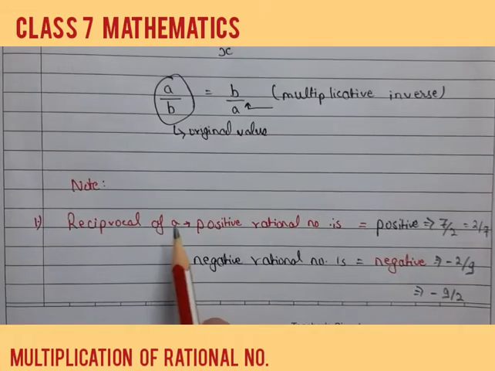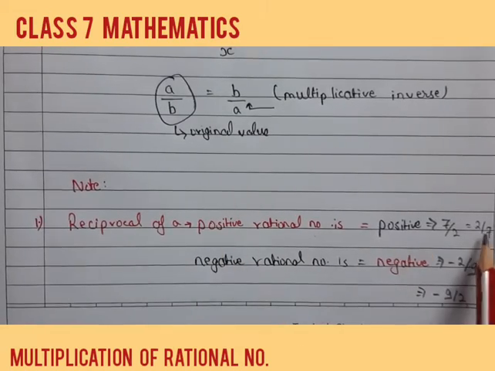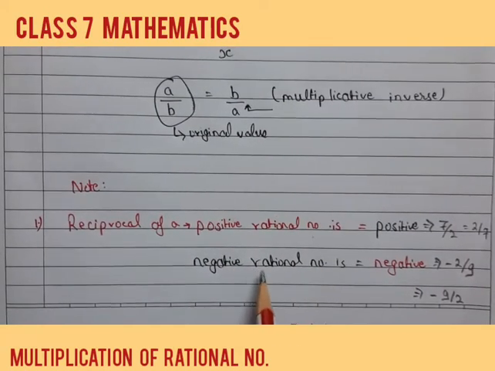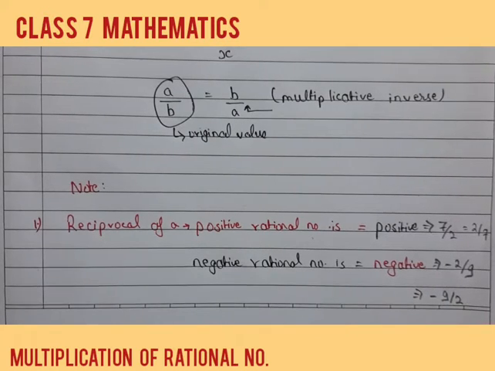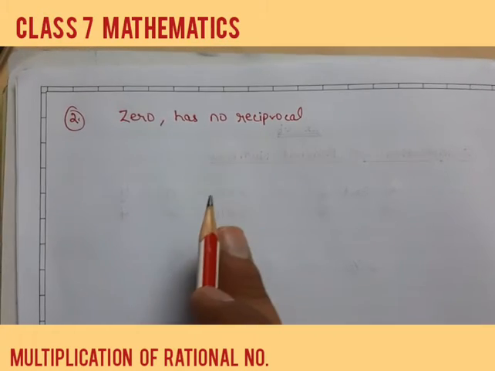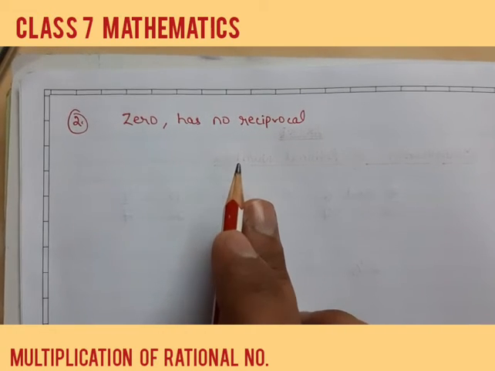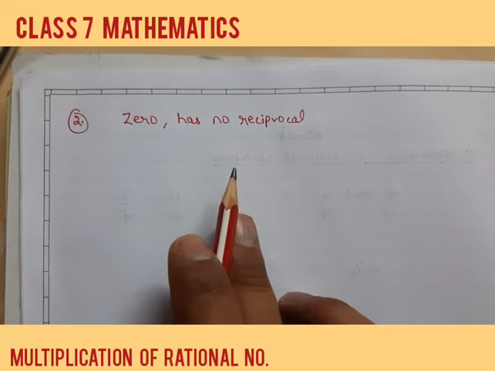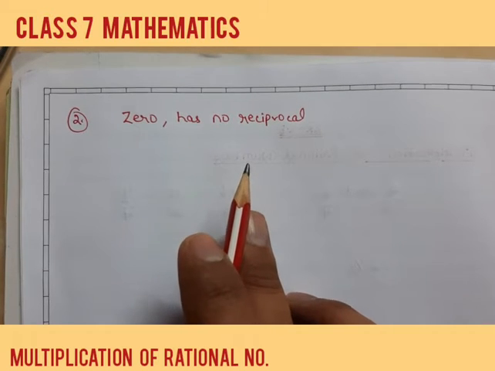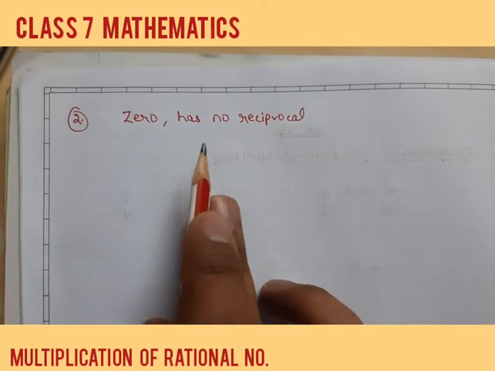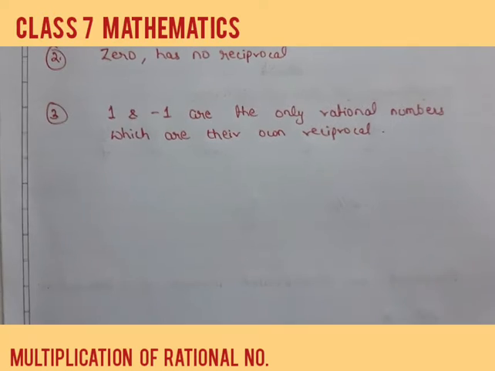That is, the reciprocal of a positive rational number will always be positive and the reciprocal of a negative rational number will always be negative. The second property is that 0 has no reciprocal, because there is no rational number which when multiplied by 0 gives 1. Therefore 0 has no reciprocal.